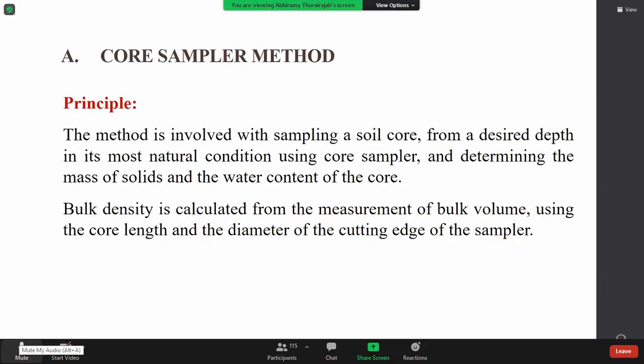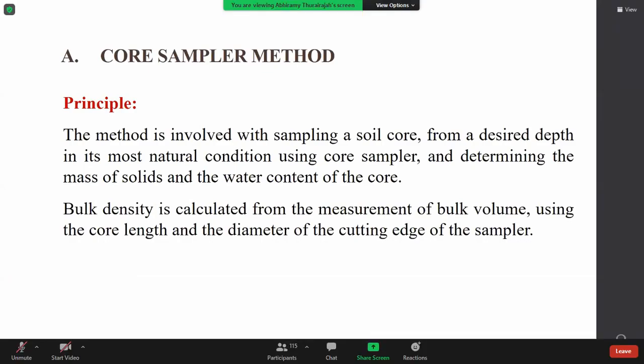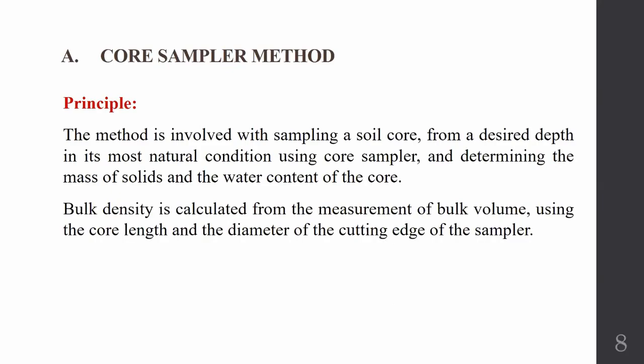By using the core sampler, we can get the soil sample and we can measure that soil, no? Then we can find the mass of solids as well as the water content of the core. For that, we can use the core length and the diameter of the cutting edge of the sampler. All of you know about that core sampler, no?